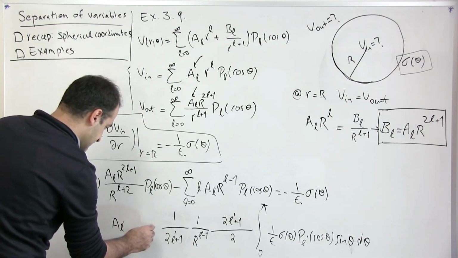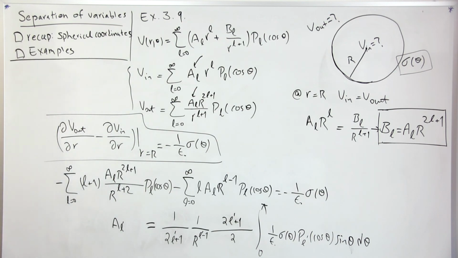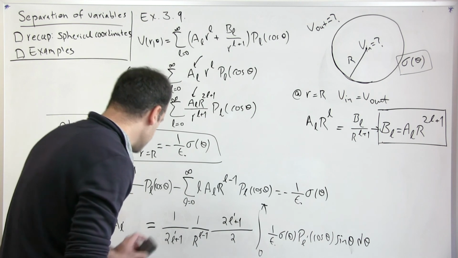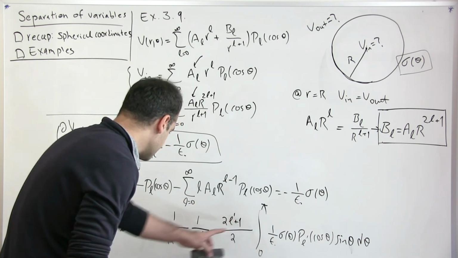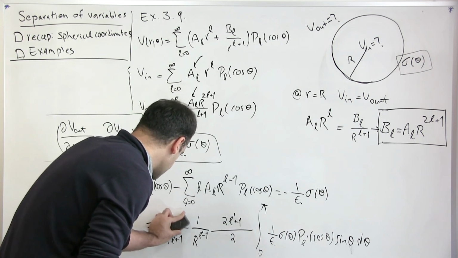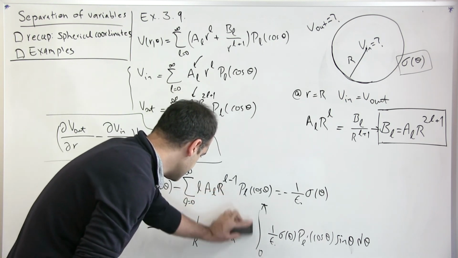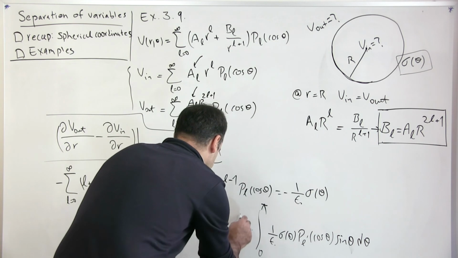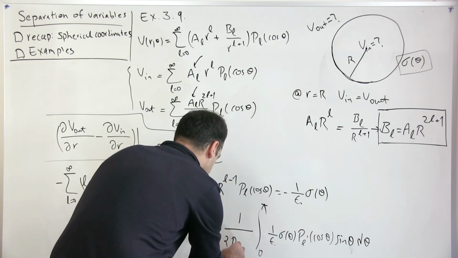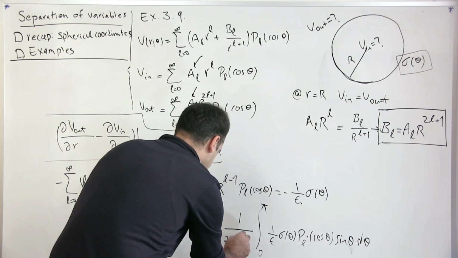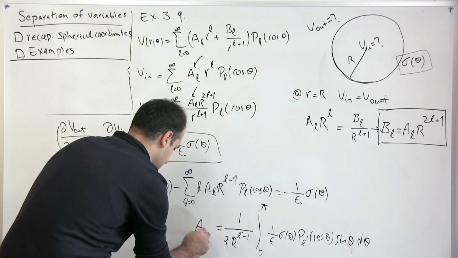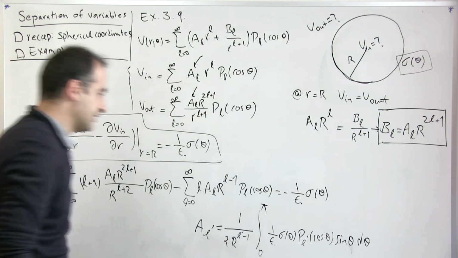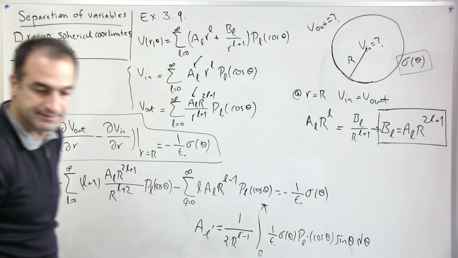Okay, so this is how we can find all the A_L values. Of course, this side can be simplified a little bit. The first term can be cancelled out with the numerator of the third term, so I can get this and this and make everything 1 over 2 times R to the power of L prime minus 1. And these are the A_L values that we want to find.